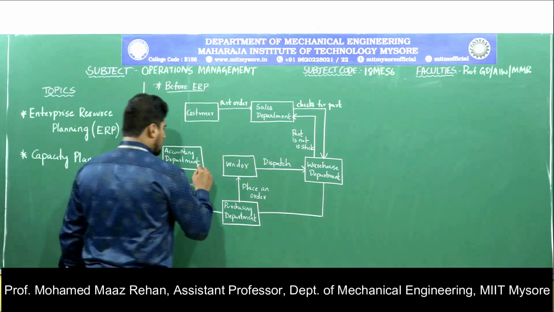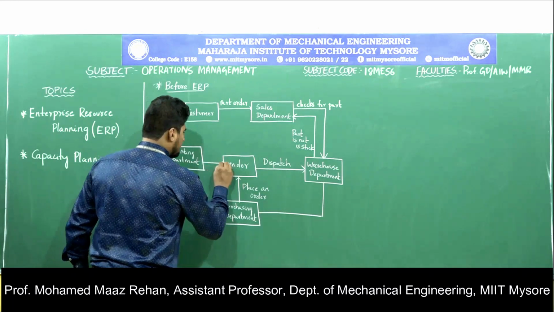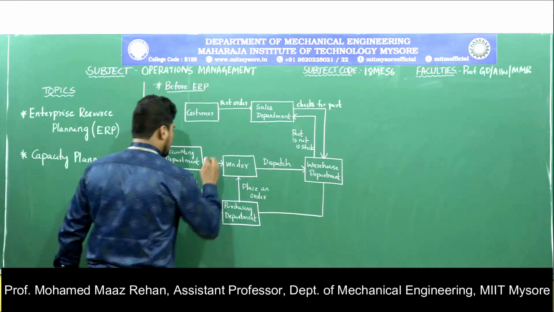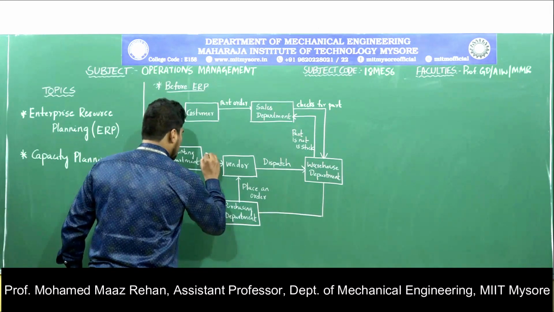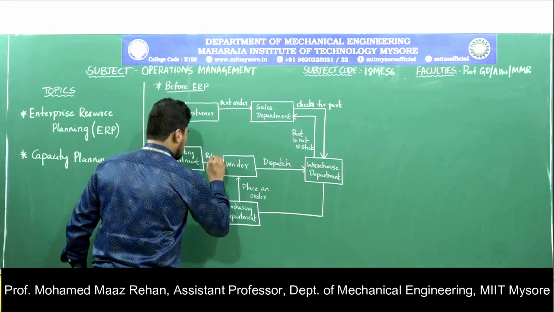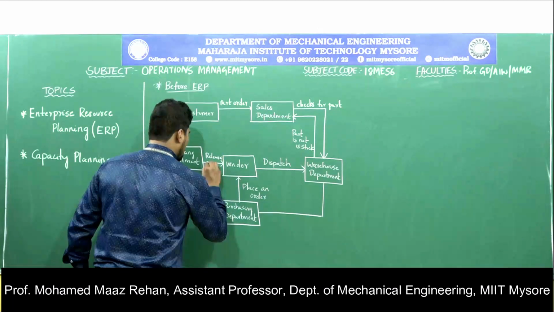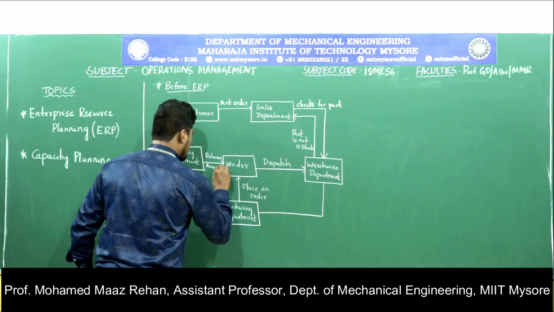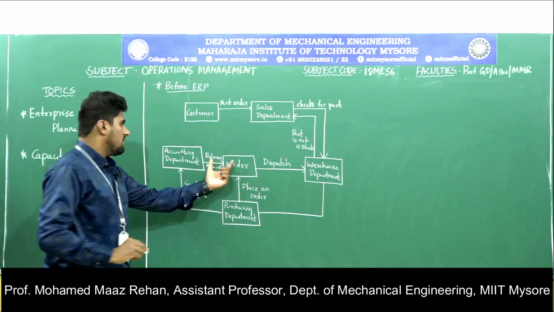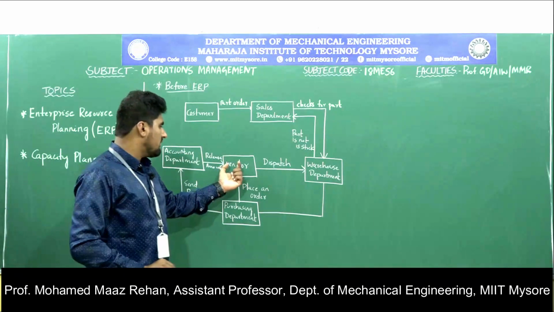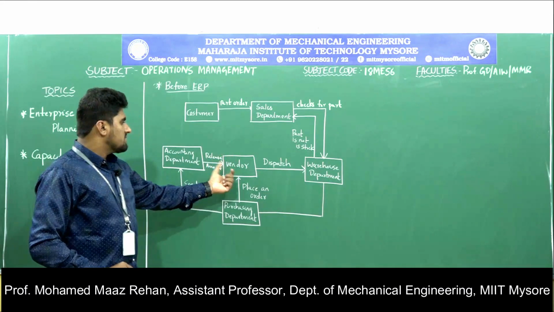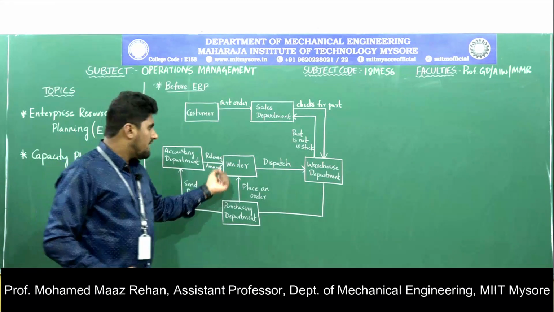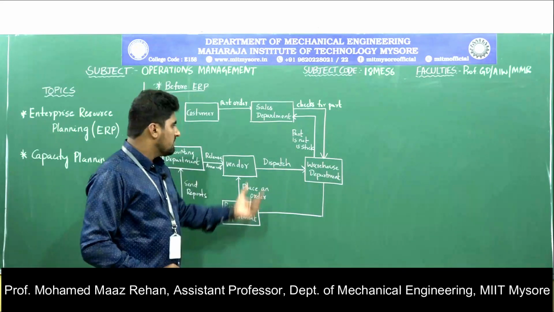Again, the accounting department will release an amount to the vendor, they will pay some amount to the vendor, and once the vendor manufactures, he dispatches to the warehouse.